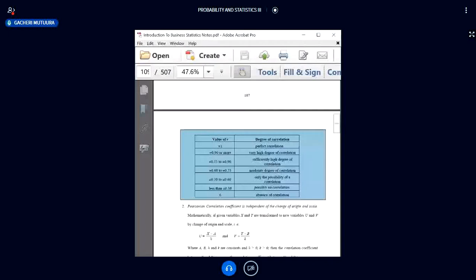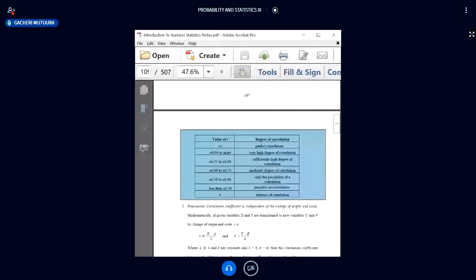75 to 90 is sufficiently high, not high but not moderate, in between high and moderate. At 60 to 75 we have moderate. Between 30 and 60, or 30 and 50, that is where we talk of moderate correlation mostly.